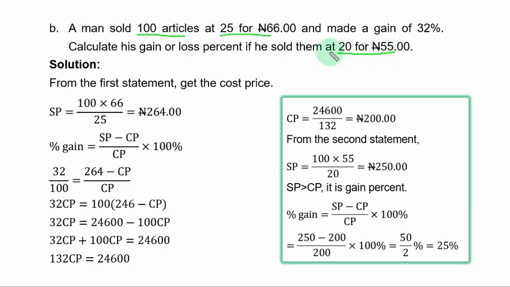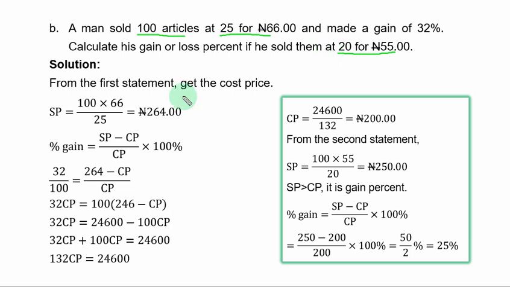Before the last statement is considered, the cost price is needed. So you use the information in the first statement to get the cost price.